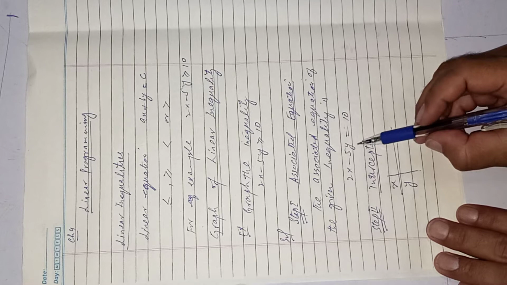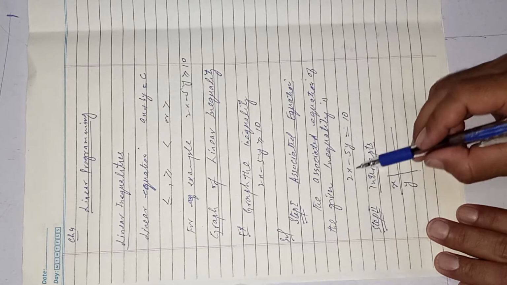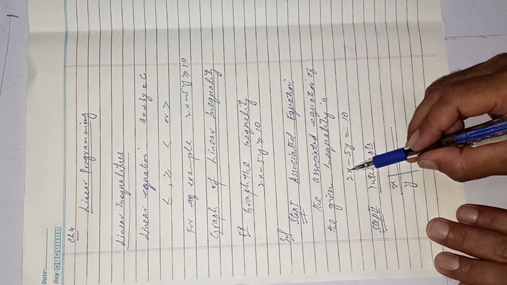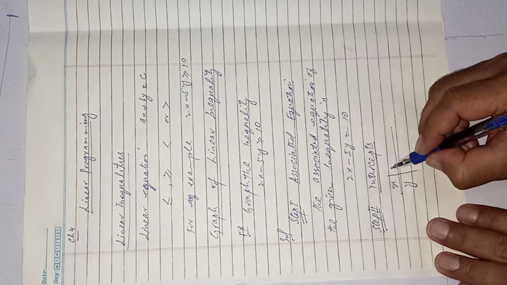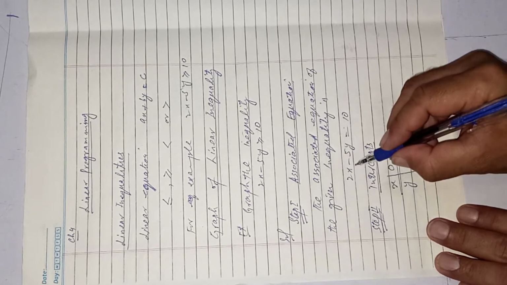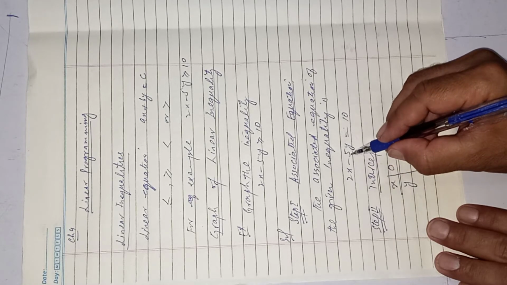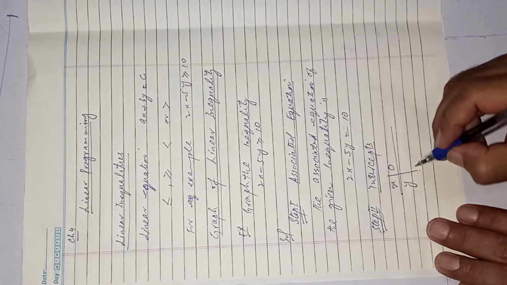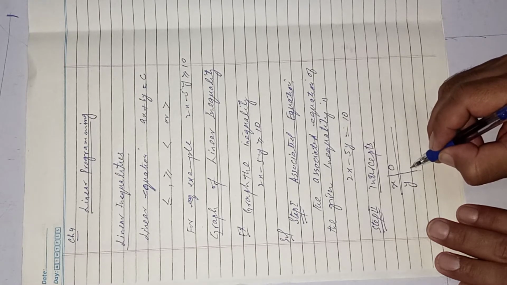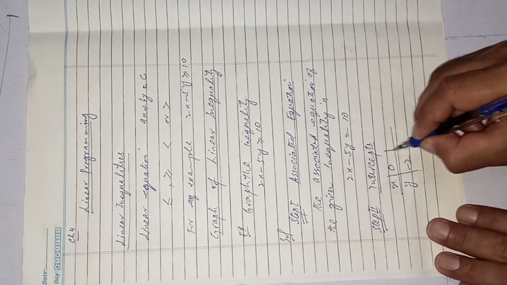The value of y obtained by putting x is equal to 0 is known as the y-intercept. For x is equal to 0, we have minus 5y is equal to 10. Then dividing both sides by minus 5, we have y is equal to minus 2.